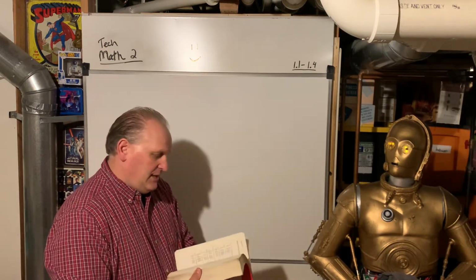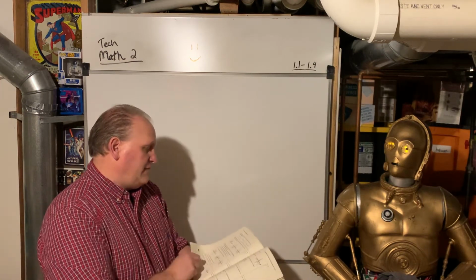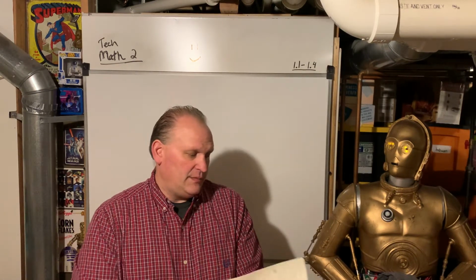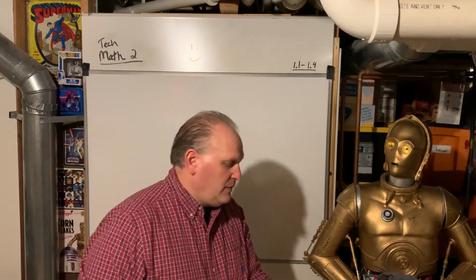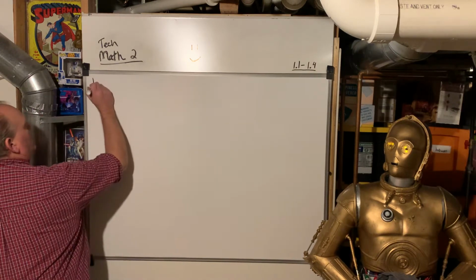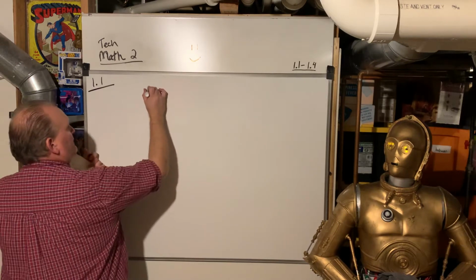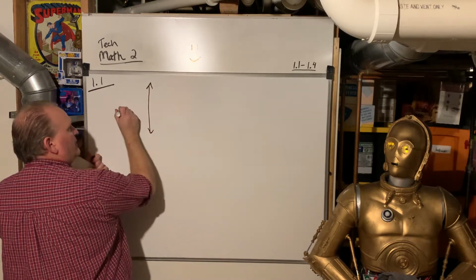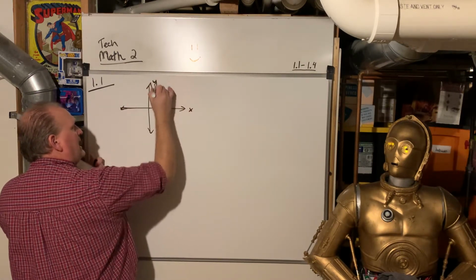So we'll get into TechMath 2. We're looking at, in the Red Book, Chapter 1, starting on page 2. Trig functions are the first thing. And standard position. So when we talk about standard position of an angle, 1.1, first you draw a coordinate plane system where this is the x-axis, this is the y-axis.